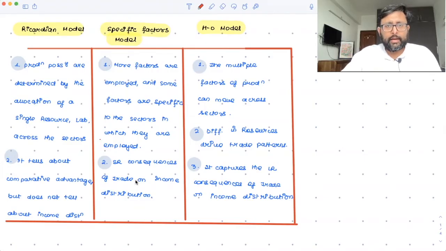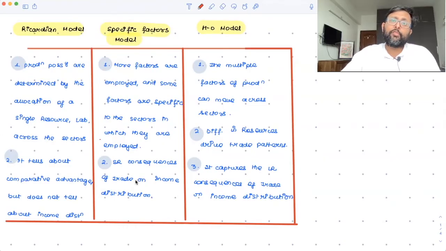You had labor and capital. But then there were some factors which were specific to food and some factors which were specific to clothing. We have done that in detail. It talked about the income distribution, at least in the short run, when the factors are fixed.